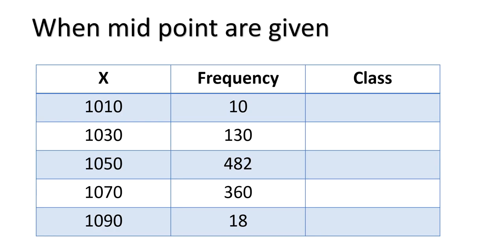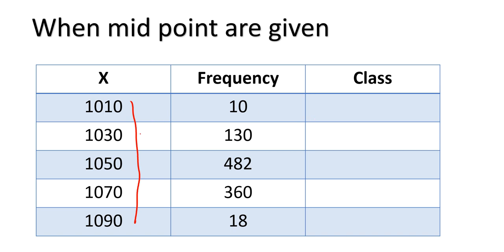Now what happens when we are given only the midpoints of the classes, like as we can see these are just the respective midpoints and these are the frequencies. So to construct it, we need to convert these midpoints into the classes. How will we do this?